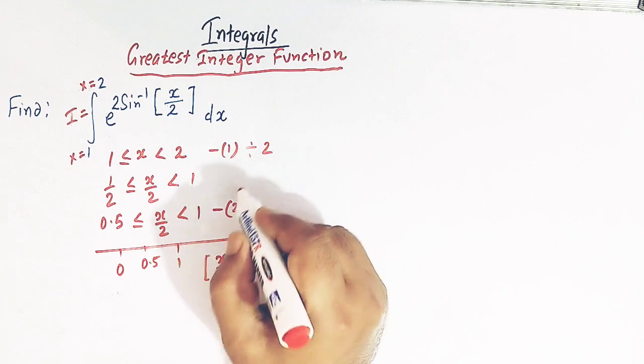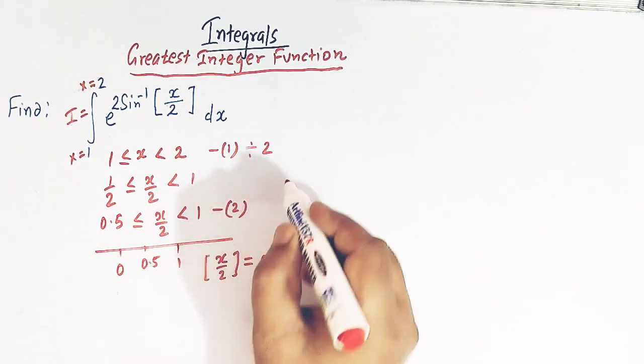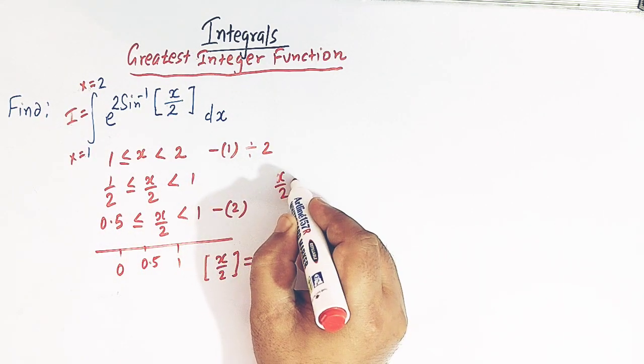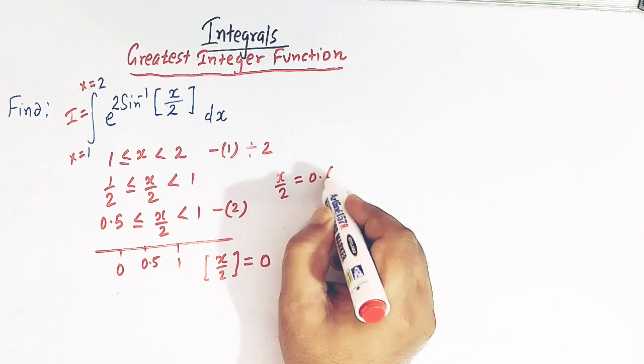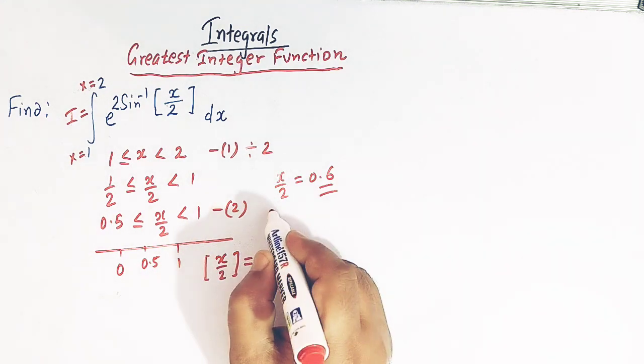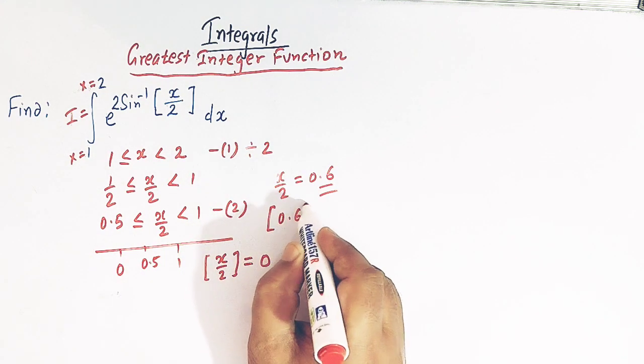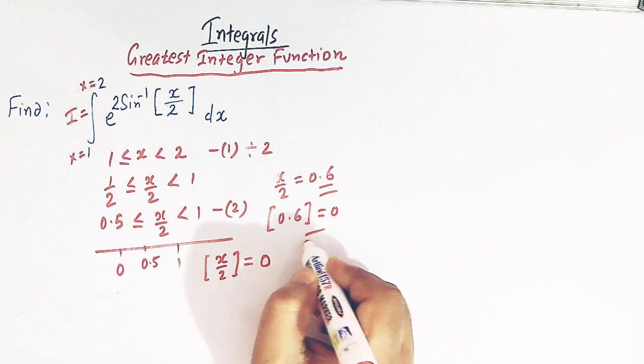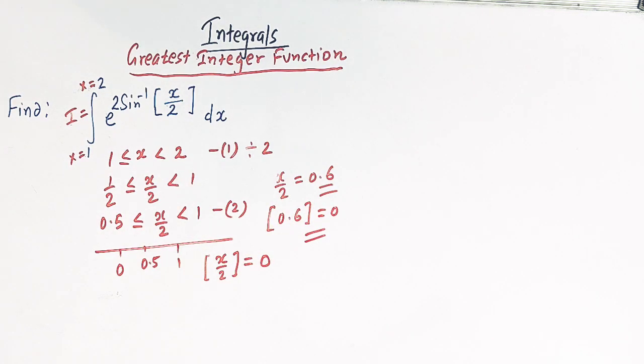Suppose, for example, x over 2 is equal to 0.6. In that case, the value of the greatest integer of 0.6 should be equal to 0 by the definition of the greatest integer function.